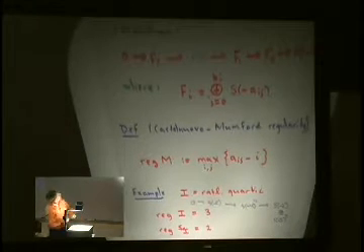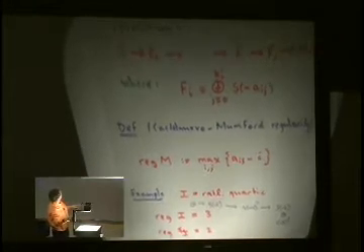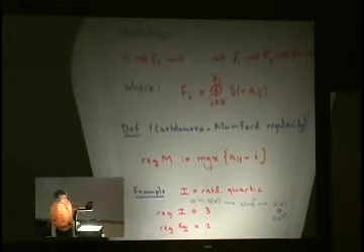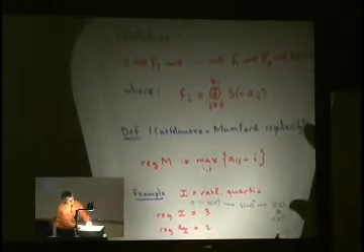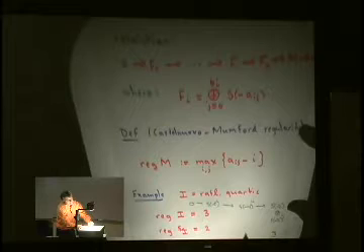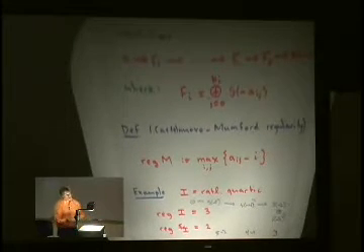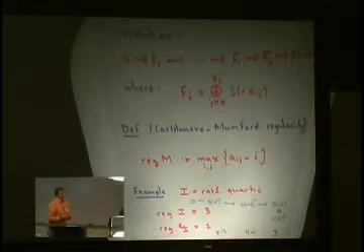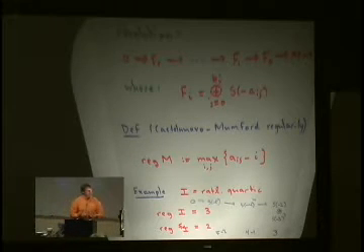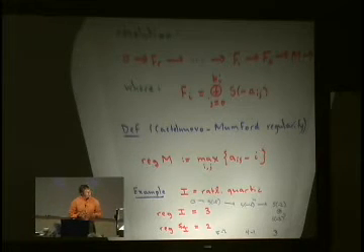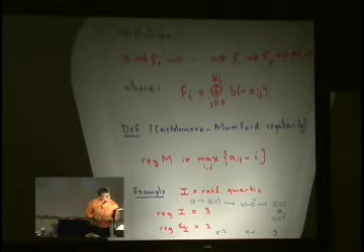So the maximum at this last step here is 3. This is maximum 4 minus 1, and the next one is 5 minus 2. Those are all equal to 3, and so the regularity of the ideal is 3.